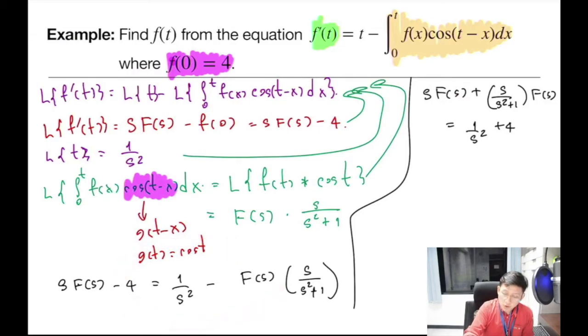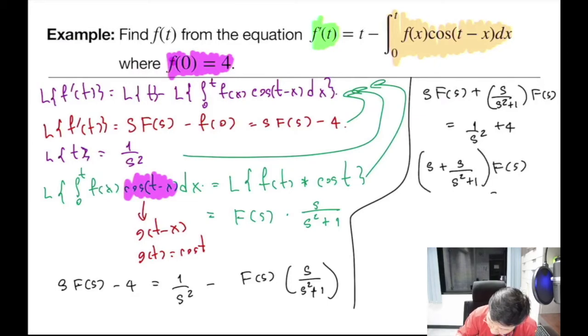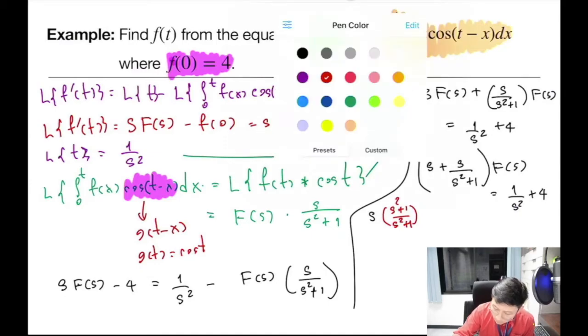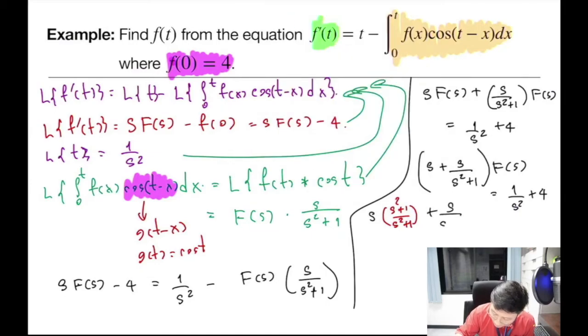So what I have here would be s plus s divided by s squared plus 1, times F(s), equals 1 over s squared plus 4. I multiply the s by s squared plus 1 divided by s squared plus 1, plus s divided by s squared plus 1, times F(s), equals 1 over s squared plus 4.